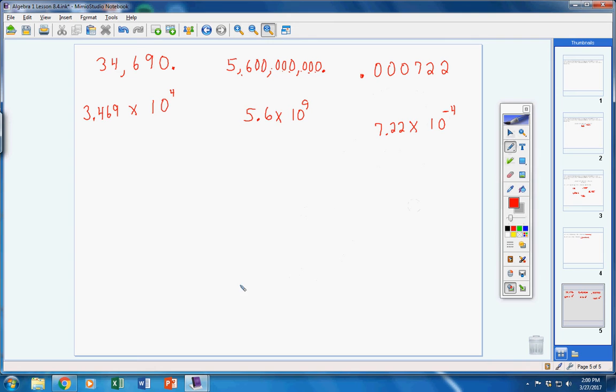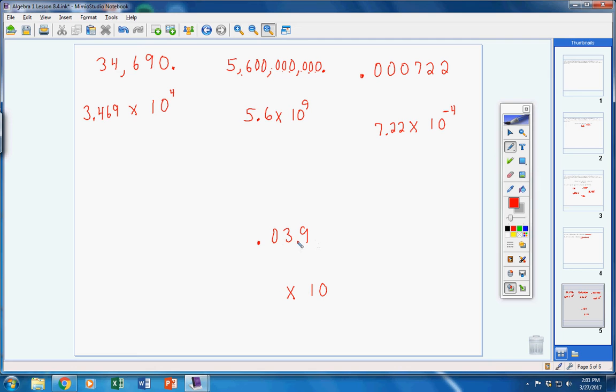Alright, let's try another one, and then we'll go the other direction. Let's try a simpler one, just simply 0.039. Now, if I asked you to write that in scientific notation, the first thing you would do is put times 10. And then you would realize you would not want the decimal here, nor here.